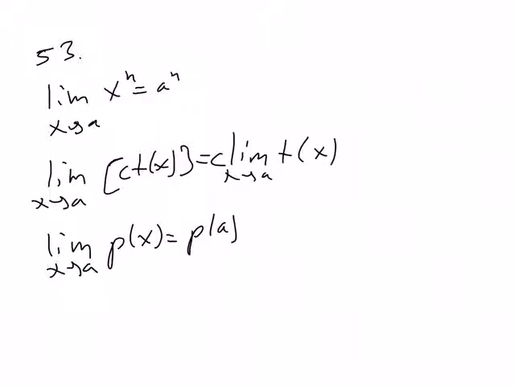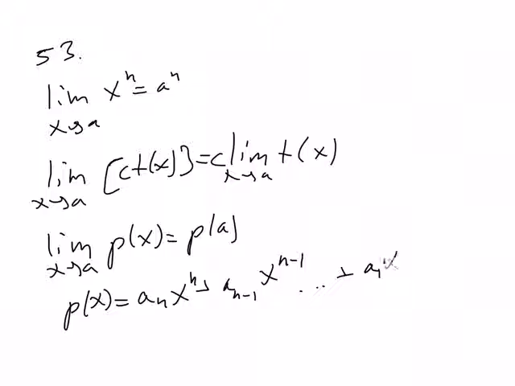Well, any p of x, if it's a polynomial, can be written in the form a_n x to the n plus a_(n-1) x to the n minus 1, dot dot dot, plus a1 x plus a0. This is how a polynomial is written.